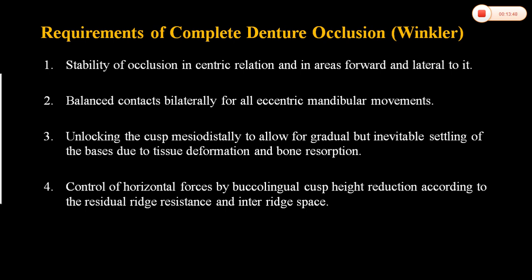When we try to move the mandible, the mesial slopes of lower teeth cusp will be locked by distal slopes of upper teeth cusp. That's why we cannot move freely.